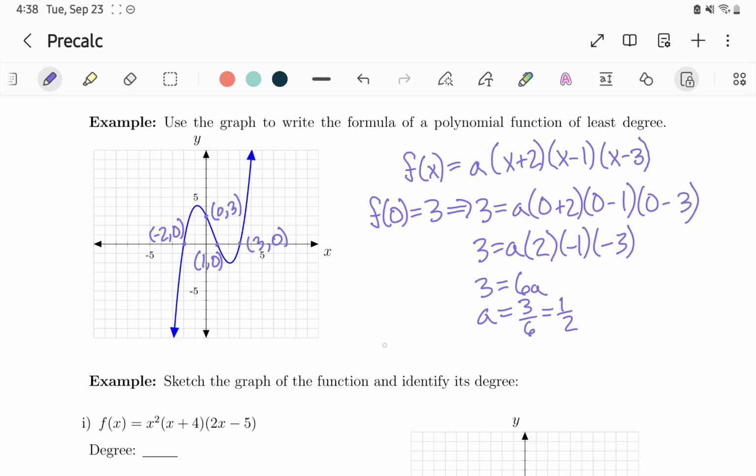So now we can go ahead and say f of x is equal to 1/2 times x plus 2 times x minus 1 times x minus 3.